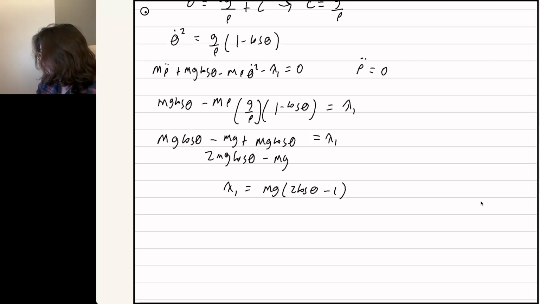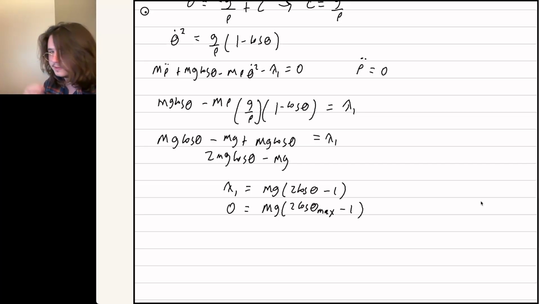So the constraint force will stop being applied whenever the system goes out of the geometric state that we required, which was that the hoop is actually staying on the cylinder. So this constraint force will entirely go away at the exact moment where theta is at the point where it's falling off. What I'm saying is that 0 is equal to mg (2 cosine theta max minus 1).